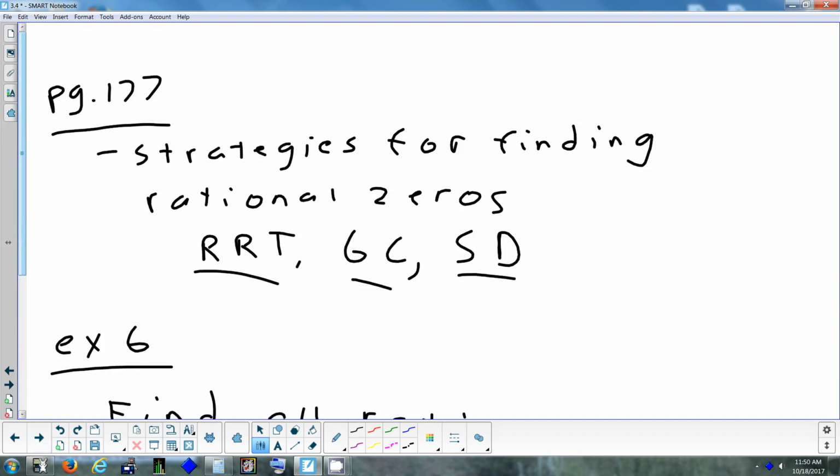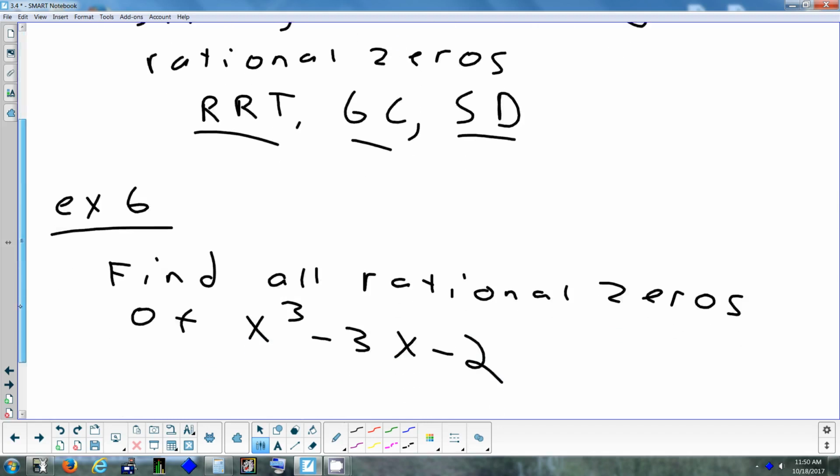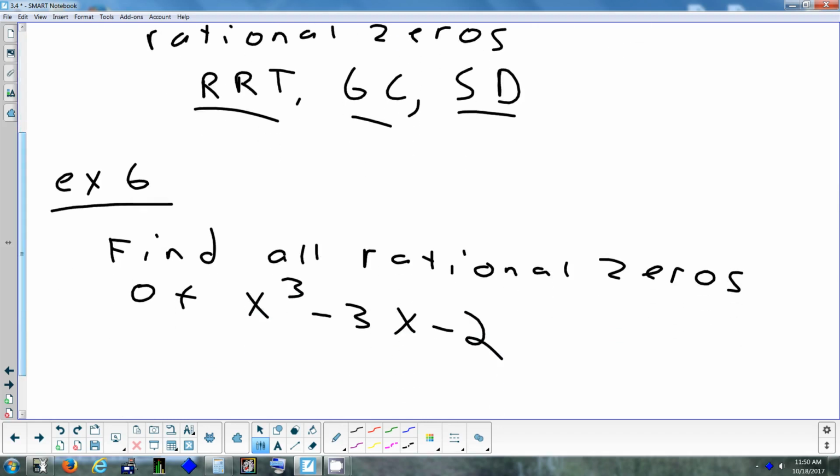So make a list of possibilities. Use the calculator to narrow it down, that's the graphing calculator, and then finish with synthetic division. Because once you find a root, then you want to divide through by it synthetically. Okay, so rational root theorem, graphing calculator, synthetic division.